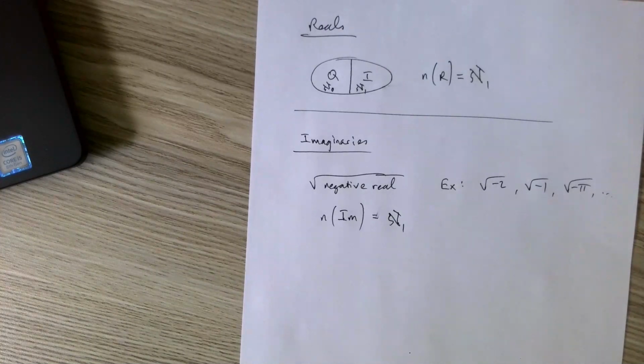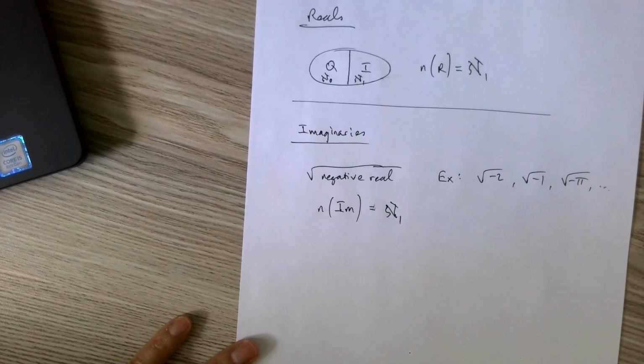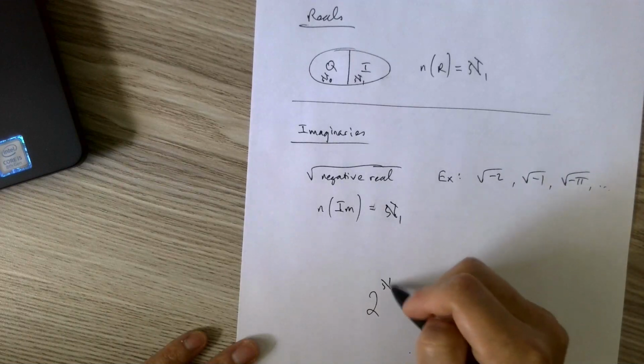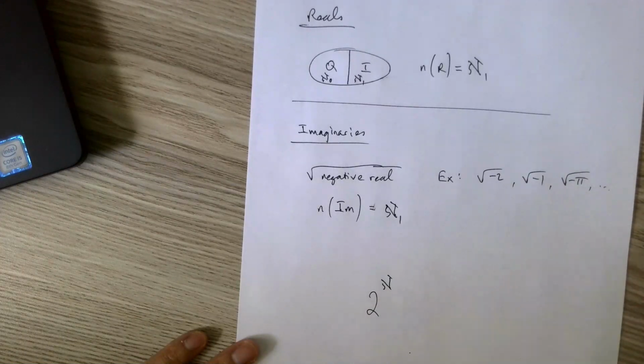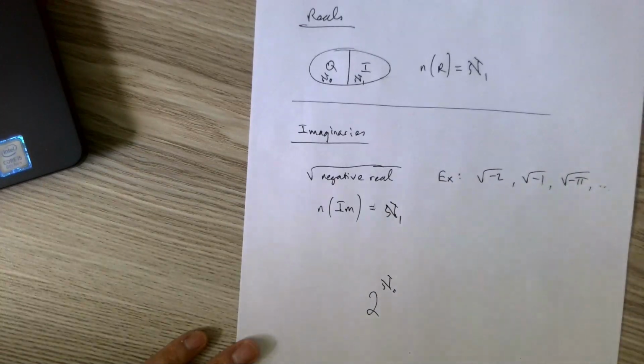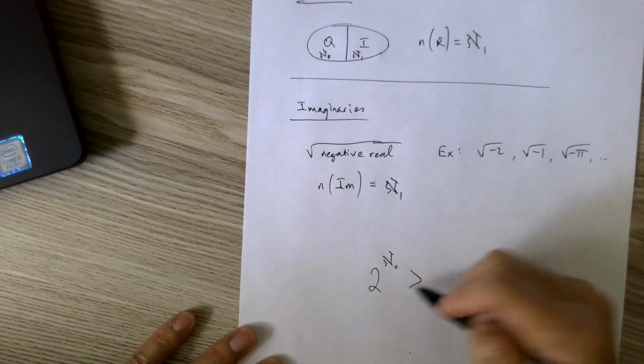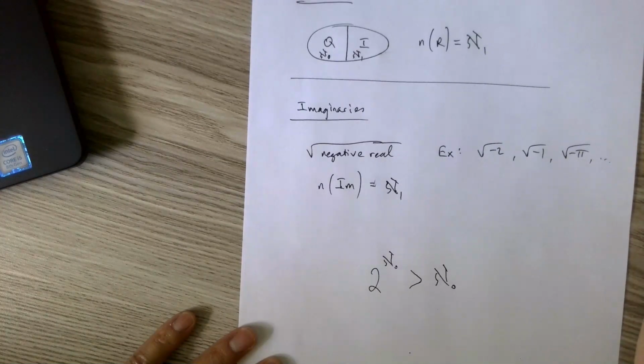And keep in mind that when I first started talking about power sets, and then I applied the power set rule, number of subsets, to infinite sets, we found that if you raise 2 to some infinite number, you get something bigger than that infinite number.